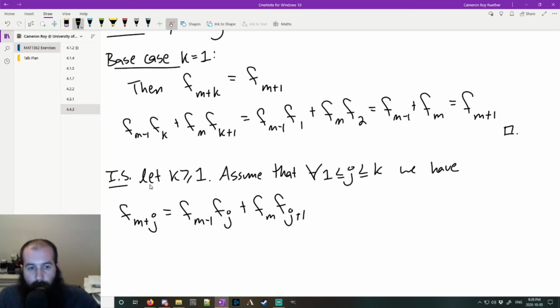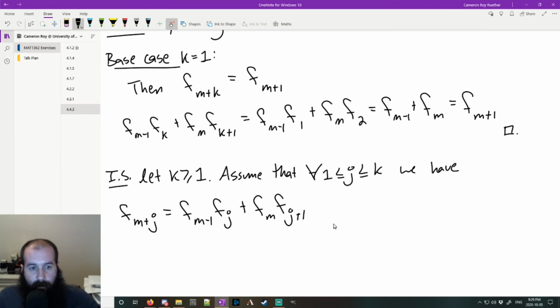So we've set our variable that we're inducting over as greater than or equal to our base case. But rather than just make the assumption for the statement at k, we're making the assumption for the statement at 1 and at 2 and at 3 all the way up to k, which is what this j between 1 and k means. So we have all of these statements at all these different j's.